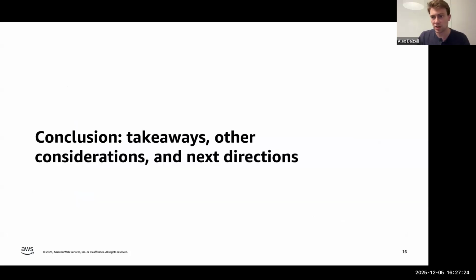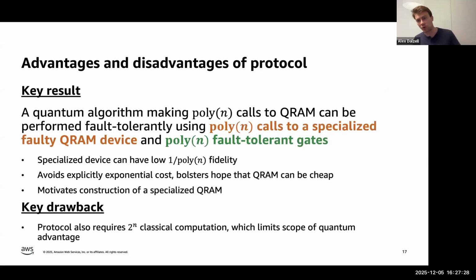Okay, now I just want to conclude and reiterate that the main result here is a protocol that implements the logical QRAM operation in such a way where if your entire quantum algorithm needs to access QRAM only a polynomial number of times, then it can do so using a polynomial number of accesses to this specialized device for performing physical QRAM and a polynomial number of fault-tolerant quantum gates.